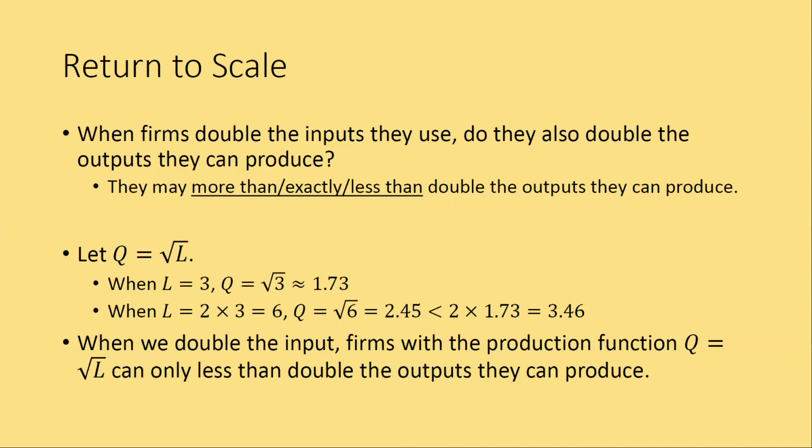So when we double the input, the firm with this production function can less than double the output. We would believe that it is not efficient to have a large firm, but probably more efficient to have several small firms. And in this case, the firm has a decreasing return to scale. All right.